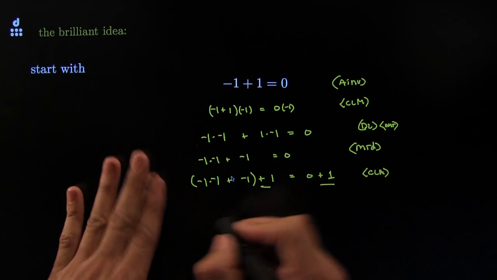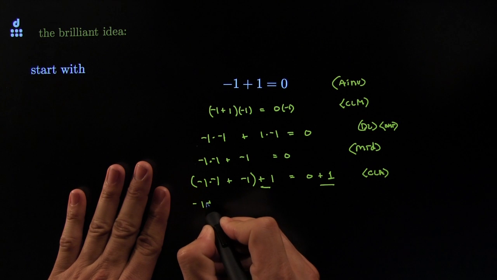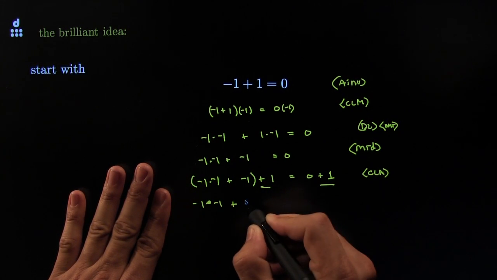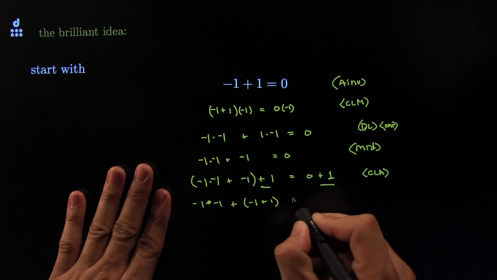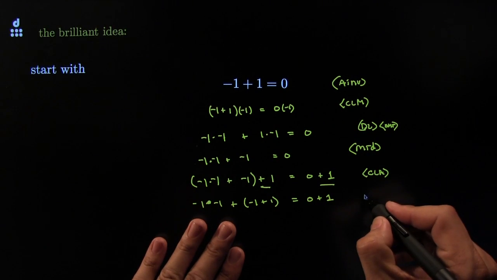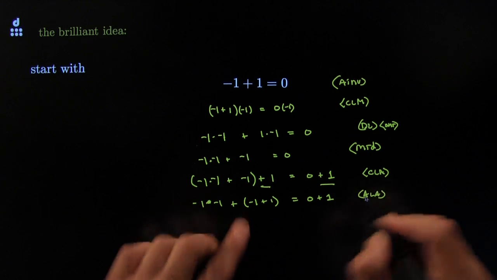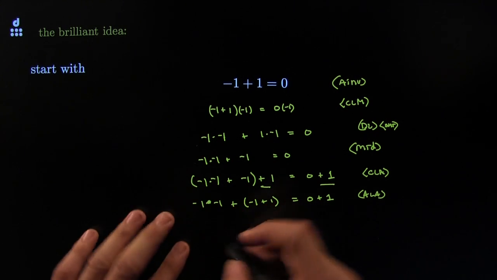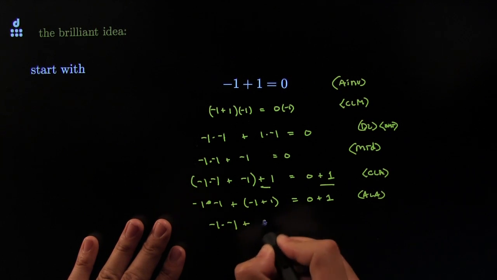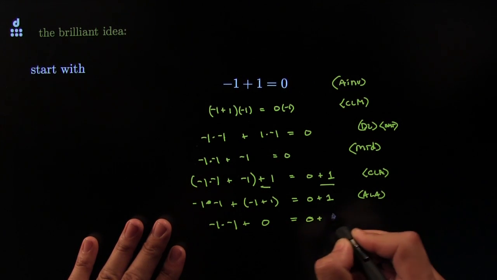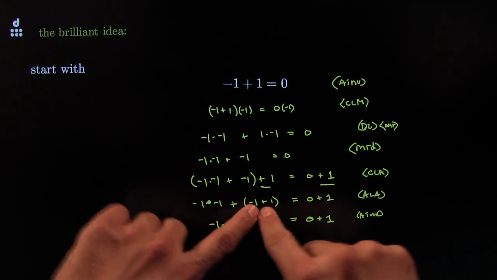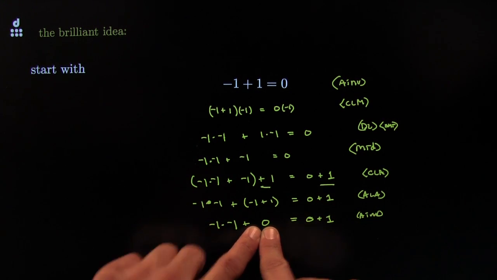I can slide the parentheses over, and I can have -1 times -1, plus -1 plus 1, and that's equal to 0 plus 1. So I slide the parentheses over. That's called Associative Law of Addition. Of course I did that because I know these can kill each other, so I'll have -1 times -1 plus 0 is equal to 0 plus positive 1. Additive inverses. That's these guys right here. They kill each other and give you 0.